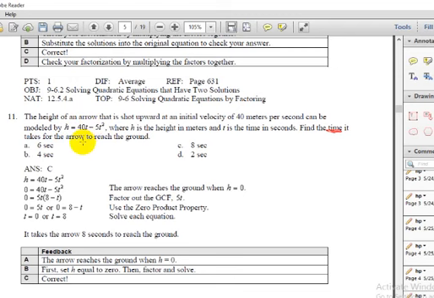Very good. I'm going to solve it as a normal equation. Here, I'm going to put the height as 0. Now, I have t and t^2, so I can take a greatest common factor, do you remember? 40 is 5 times 8, so I can take 5 as a common factor.